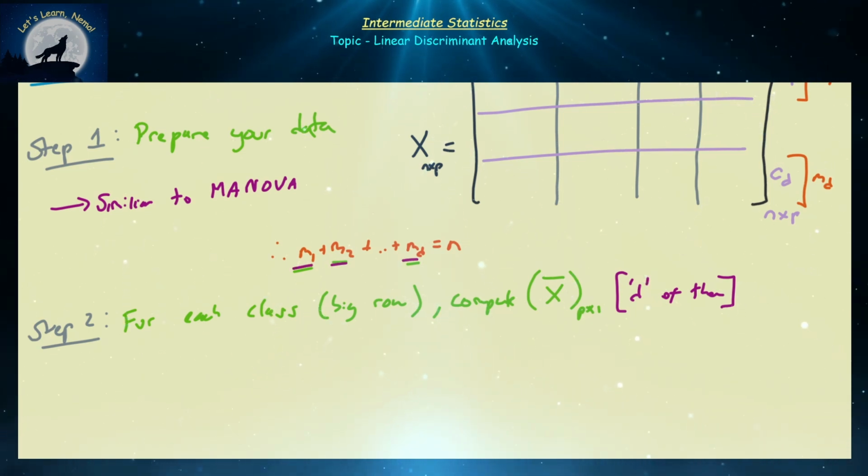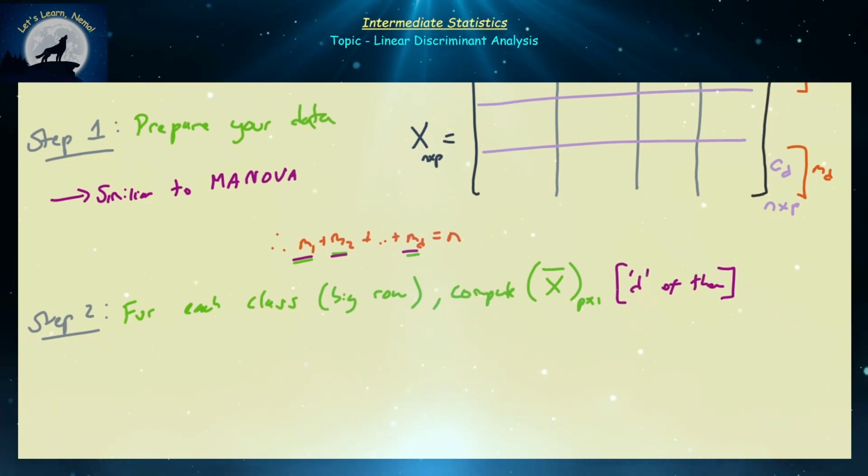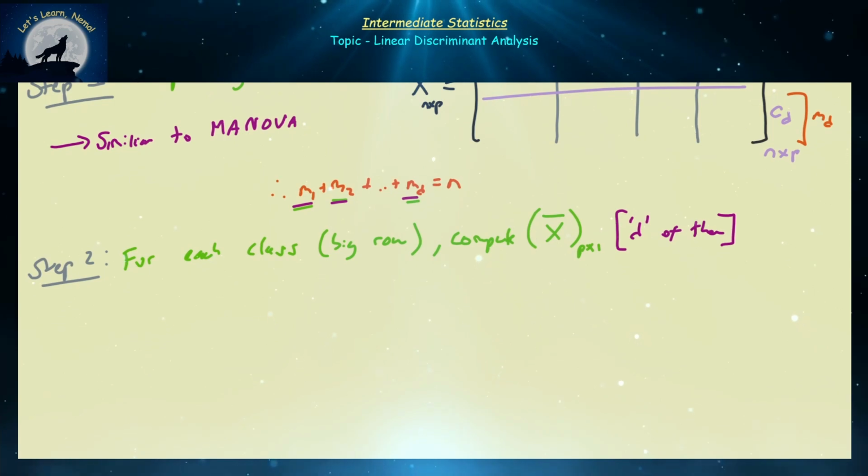So we're going to have a bunch of these average column vectors. So in our world, that would be the column means function.